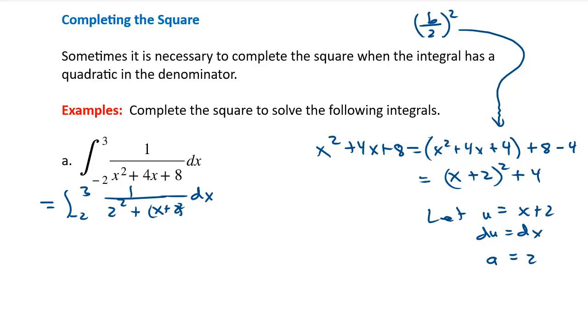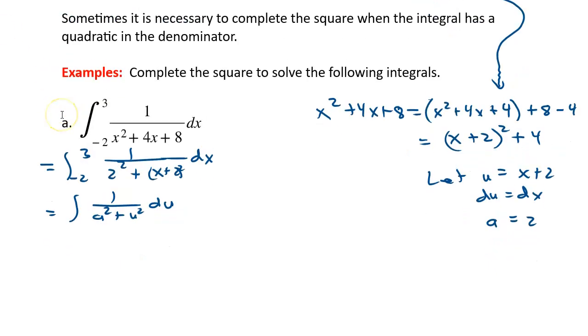So let's draw it like that: the integral of 1 over a squared plus u squared du. Now all that's left here is my limits.